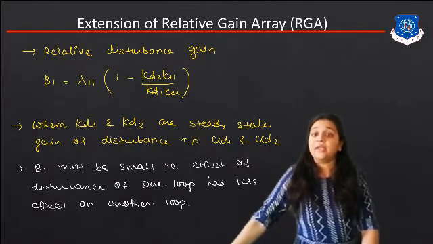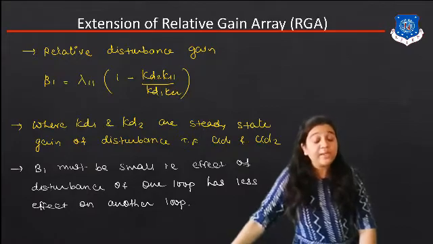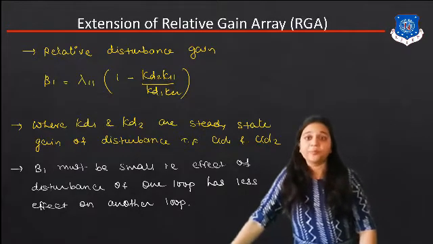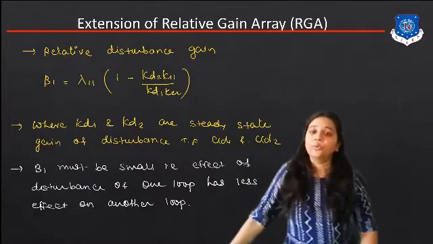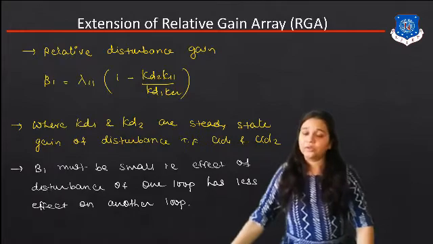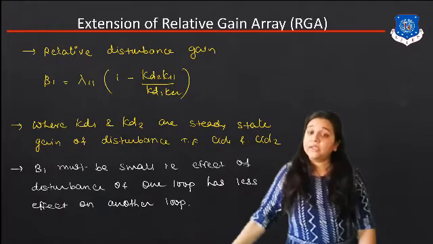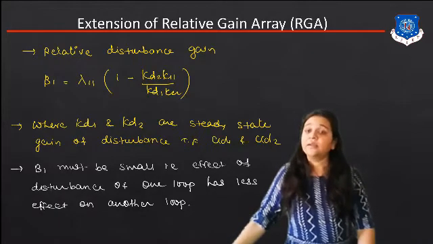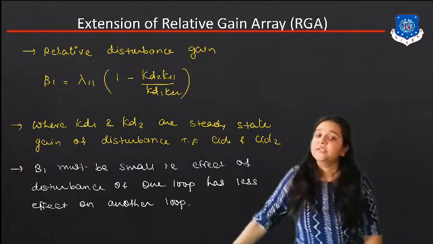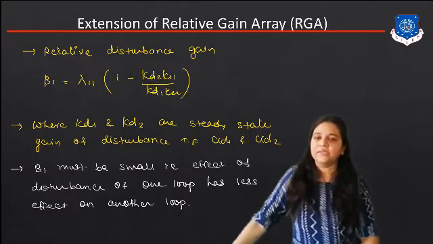So the relative disturbance gain V1 is equal to lambda 11 in this bracket 1 minus KD2 K11 upon KD1 K22, where KD1 and KD2 are the steady state gains of the disturbance transfer functions GD1 and GD2.